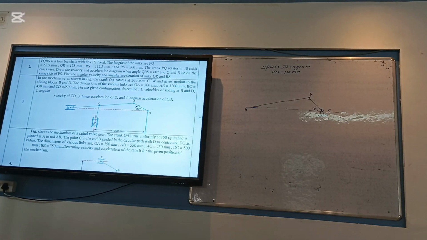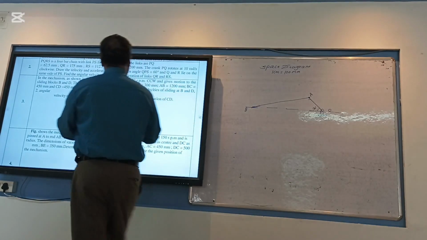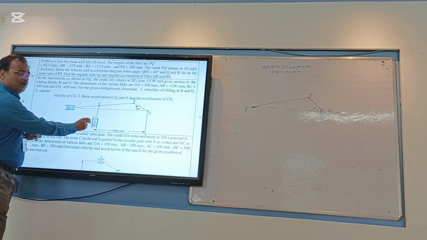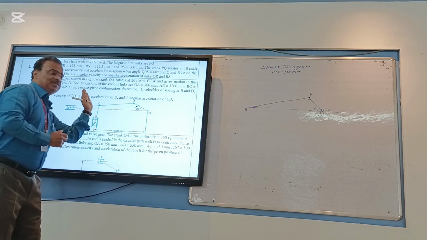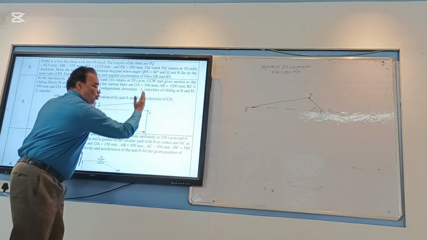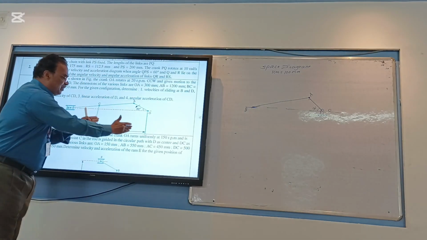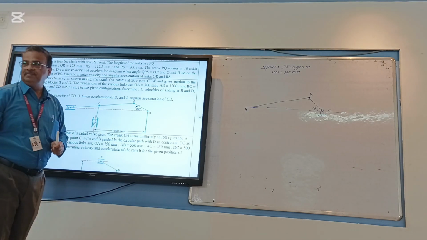Any doubt up to this? Doubt है किसी को? No. Then I have to locate the C point. Before that, one vertical slider is there. Now the axis of this slider and the axis of O, between the two vertical lines, they have mentioned the horizontal distance, that is 1050.